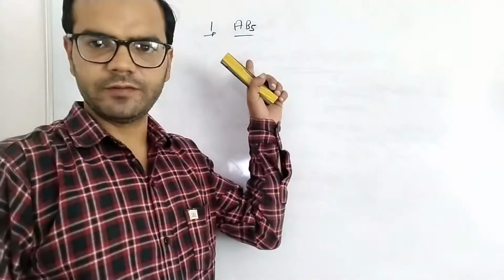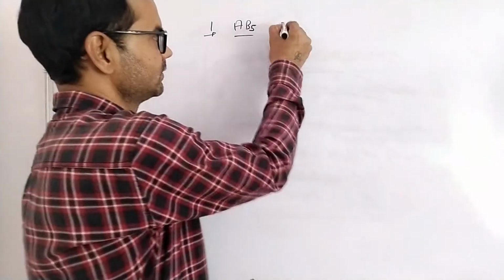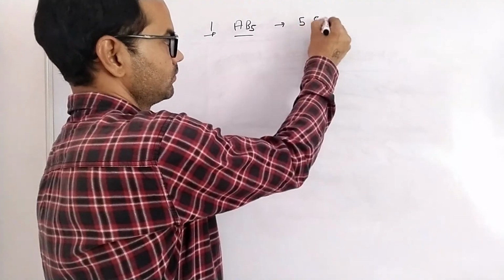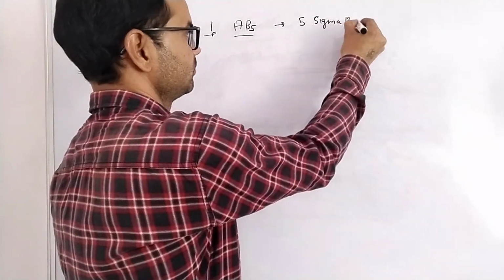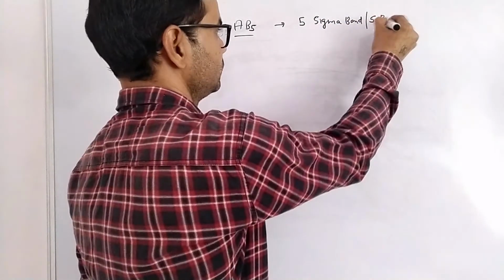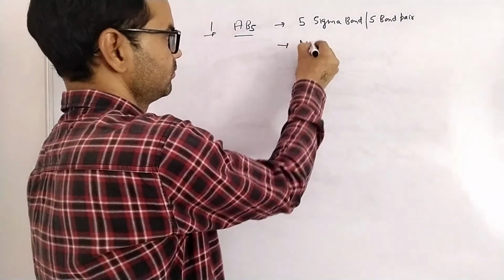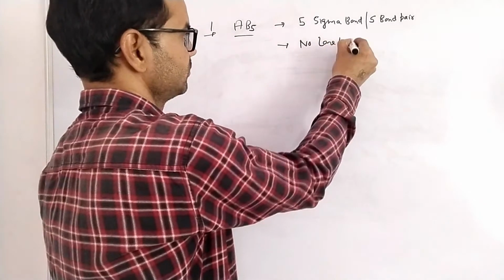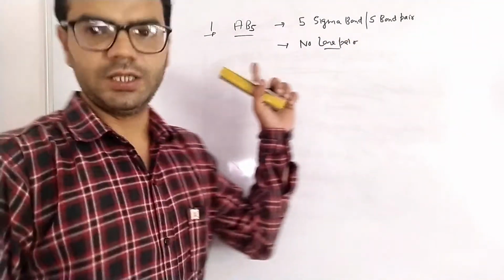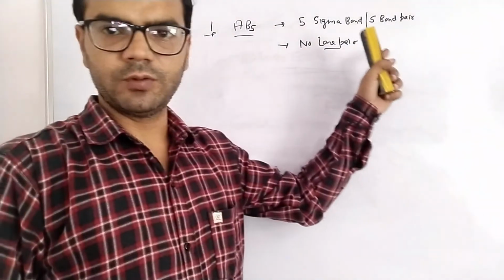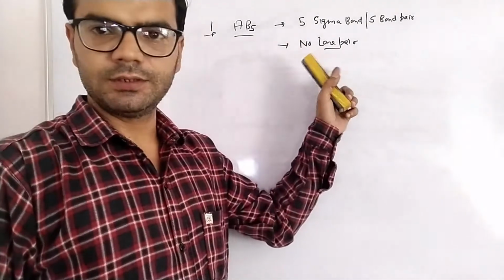First is AB5, 5 sigma bonds, or 5 bond pairs, and there is no lone pair.